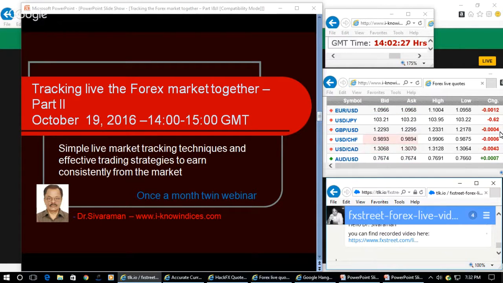GBP was initially showing positive net change, and from there it came down to show the negative net change. Again, it started gaining to the 1.23 area and is hovering around there. And in the case of yen, it breached the initial low 103.66 and came down, but still it is not recovering, and it is holding and making subdued moves around 103.